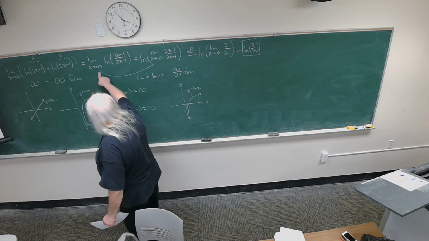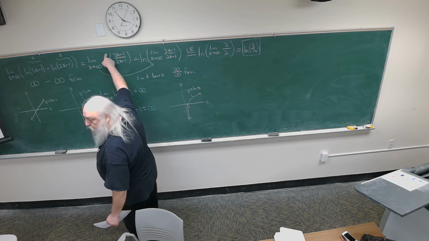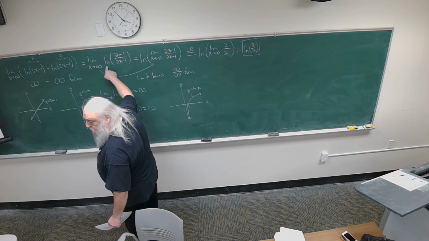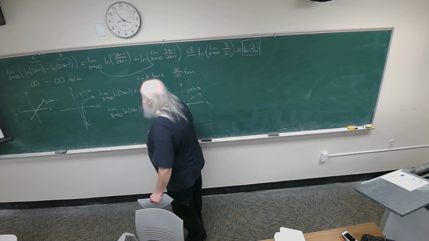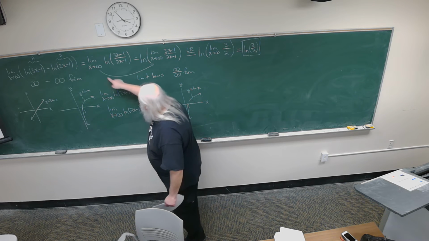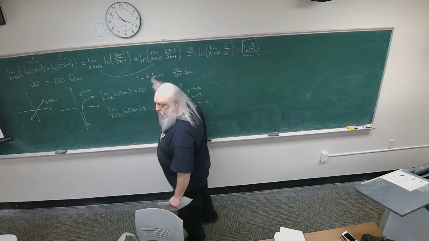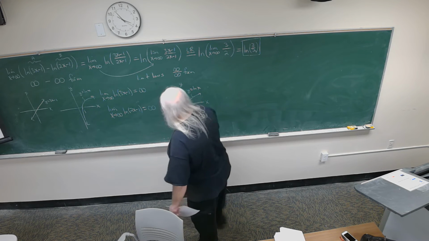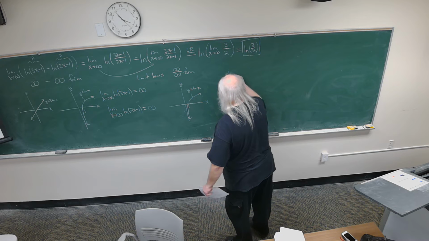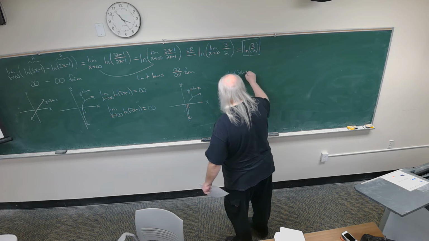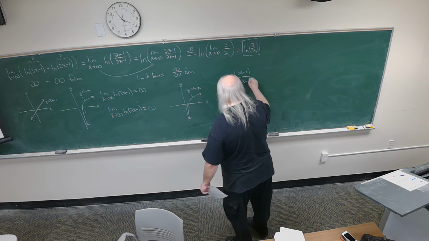So remember, L'Hopital's rule enables you to differentiate the numerator and the denominator. And by the limit laws, we were able to take this limit and bring it inside the argument to the natural log function. We don't have the natural log of 3x minus 1 over the natural log of 2x minus 1.